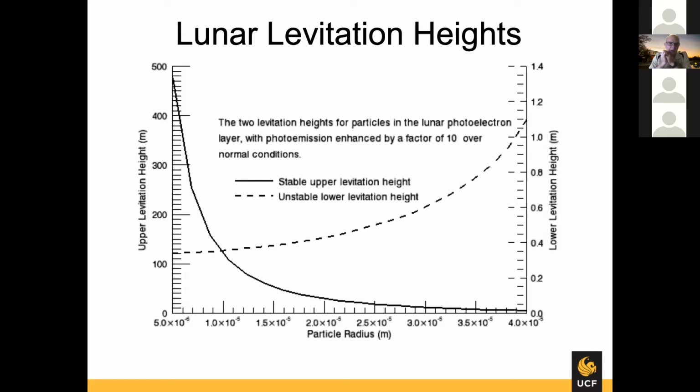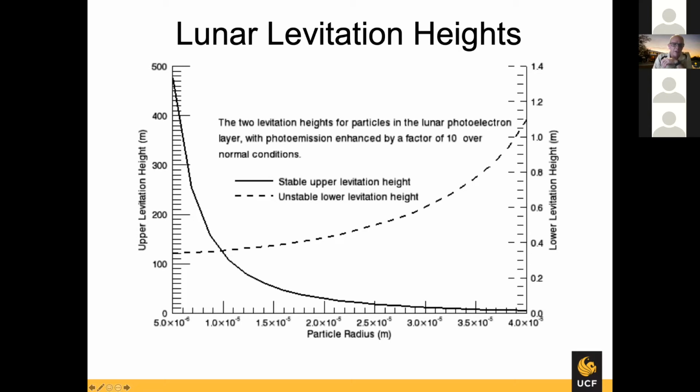So the figure here shows the calculated levitation height as a function of particle radius, and you can see that we've got 5 microns up to 40 microns.